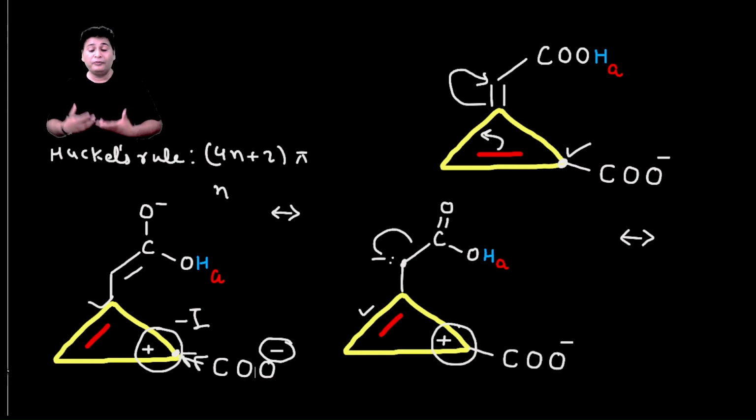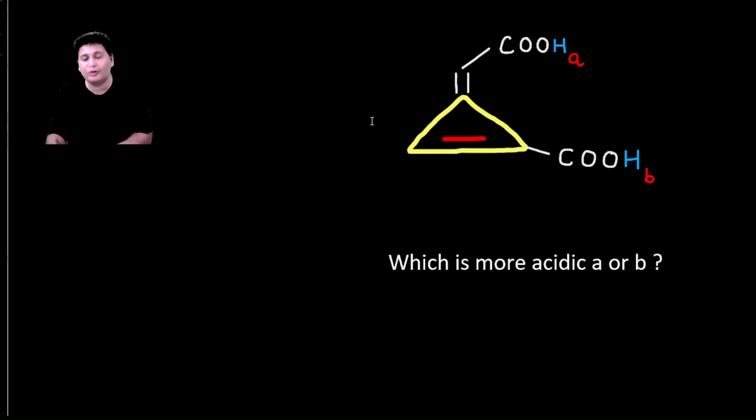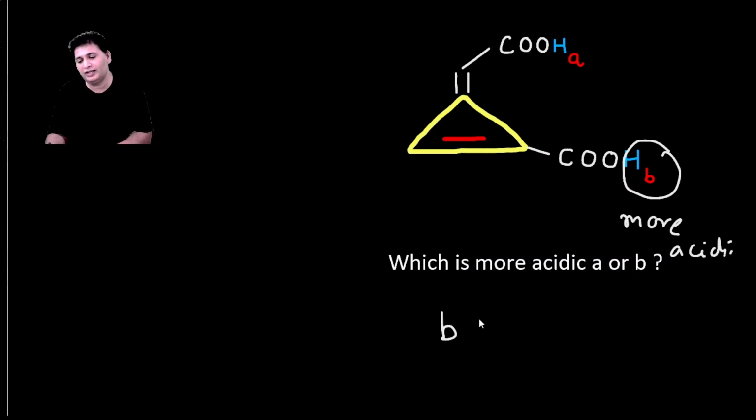That is how we come to the final conclusion: this hydrogen is more acidic in comparison to the above. So the acidity order is B greater than A.